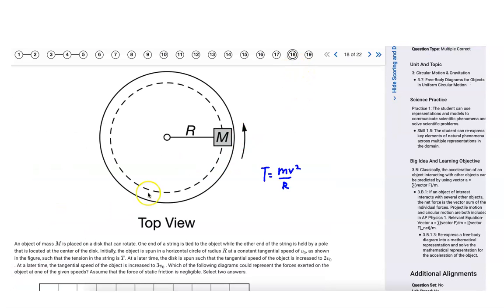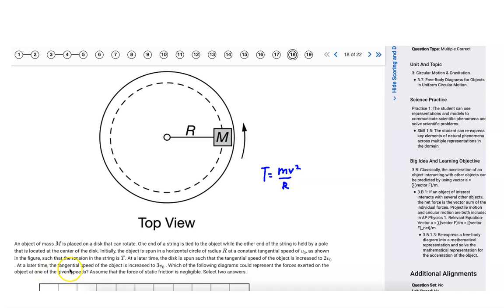Problem 18: you have an object of mass M placed on a disk that can rotate. One end of a string is tied to the object, while the other end of the string is held by a pole located at the center of the disk. Initially, the object is spun in a horizontal circle of radius r at a constant tangential speed of v0, as shown in the figure, such that the tension in the string is T. At a later time, the disk is spun such that the tangential speed of the object is increased to 2v0.